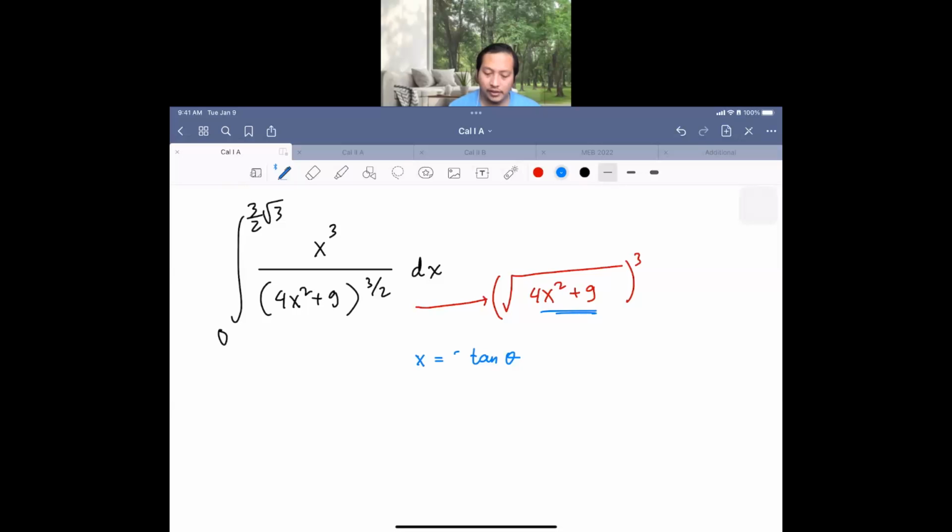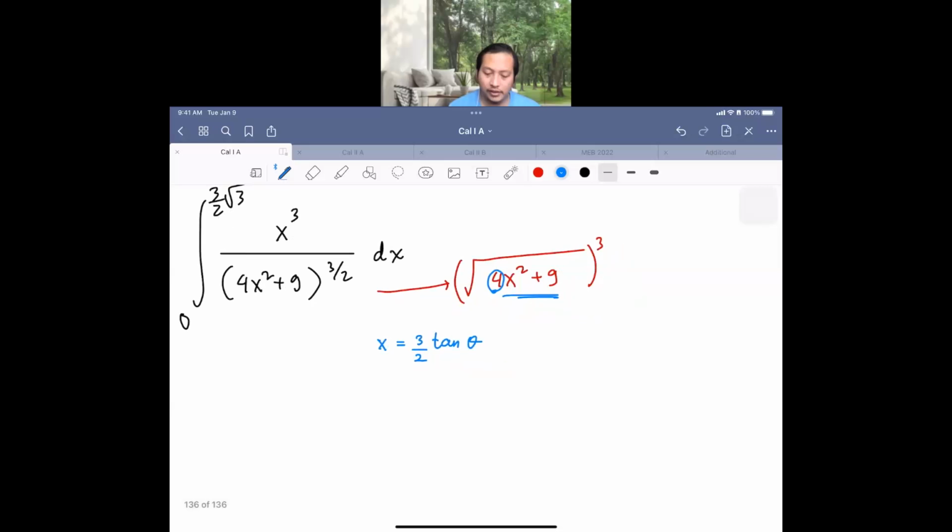if we have 3, then it will be easy to get 9, but we still have 4. So we need to cancel 4. Well, what could we do for canceling 4? We need to divide by 4. So we have 2. Okay? So when we deal with this, we have 4 times 3/2 tangent theta, squared, and then plus 9.